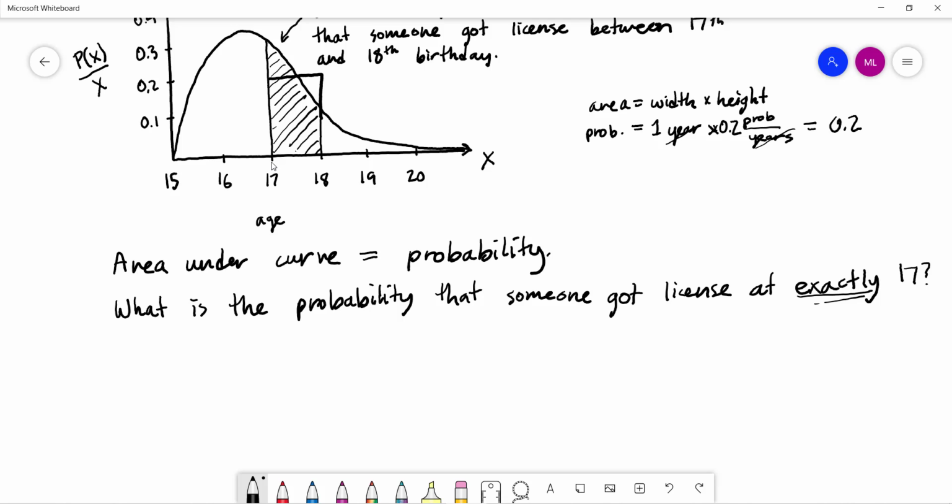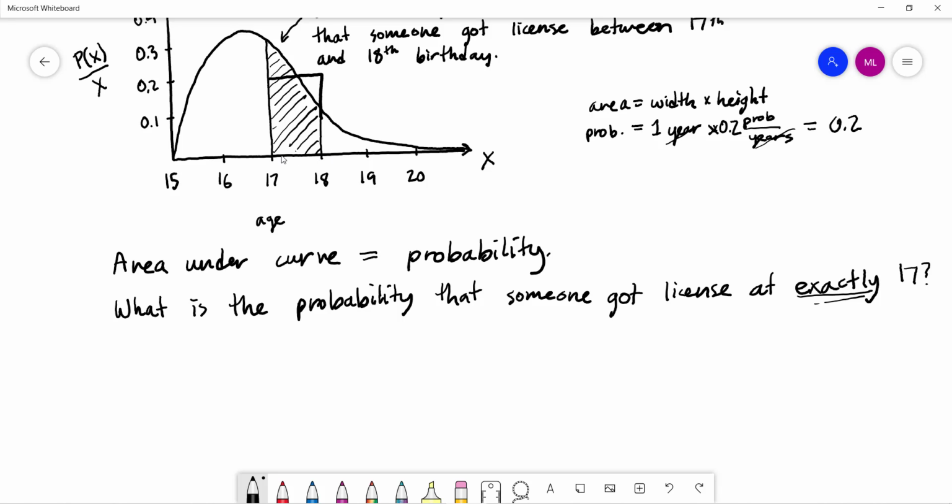And this actually agrees with what we see over here. Area under the curve equals probability. So if I'm interested in the idea that they got their license exactly when they were 17, what is the width? In this one, we had an entire year's width for the year they were 17 years old.